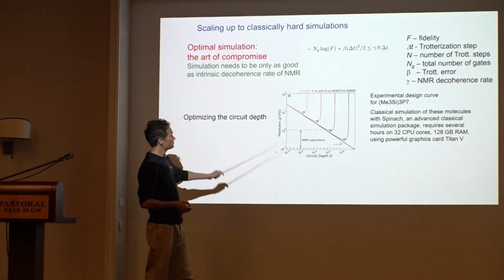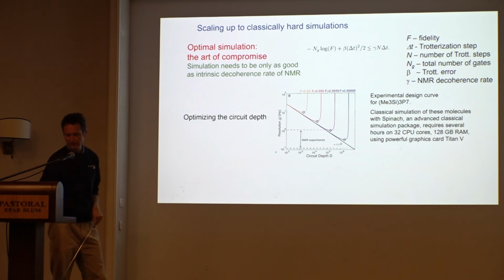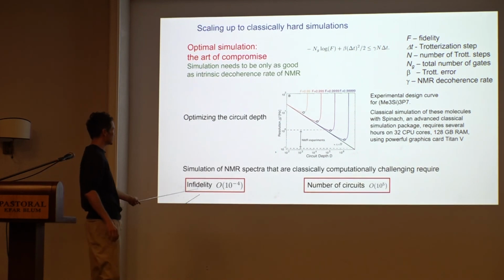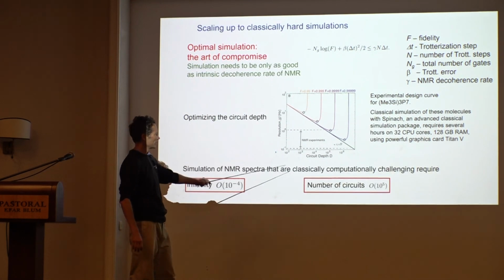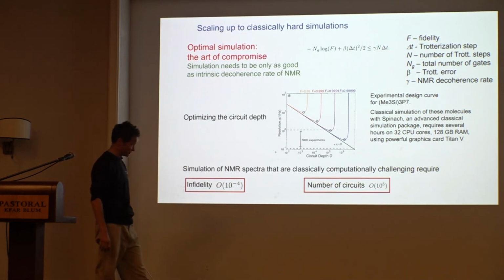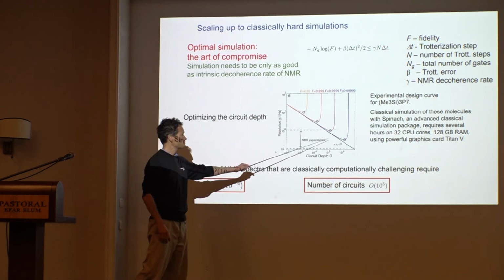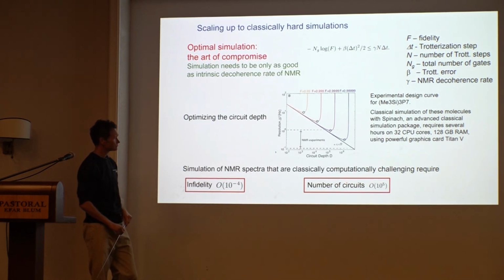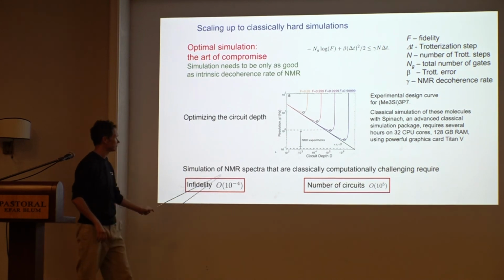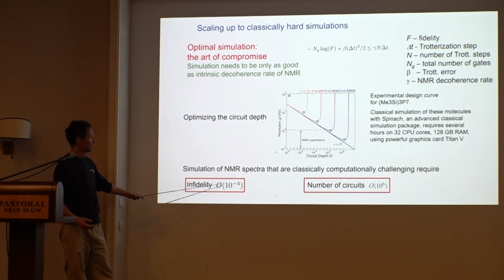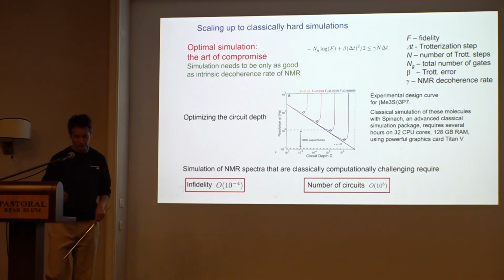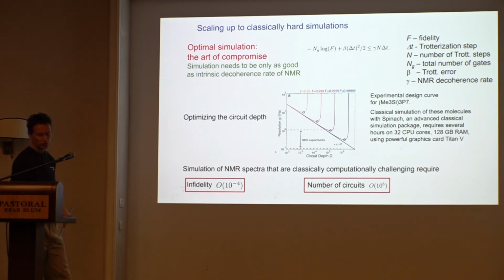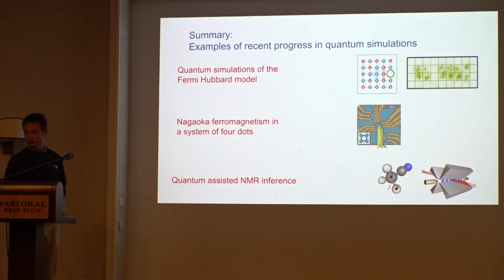What we find is that if infidelity is at the level of 10 to the minus 4, and we can have 100,000 circuits, then we can be competitive with the best classical algorithm. I want to emphasize that at this infidelity, we do not need error correction. Just this kind of quantum hardware will already be useful to compete with classical algorithms.